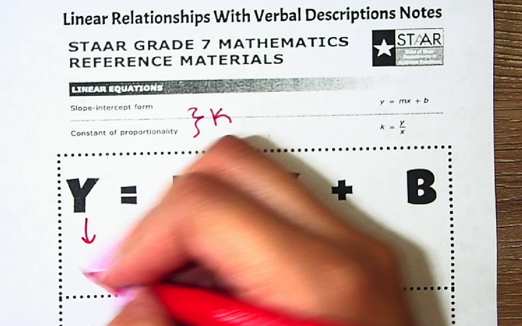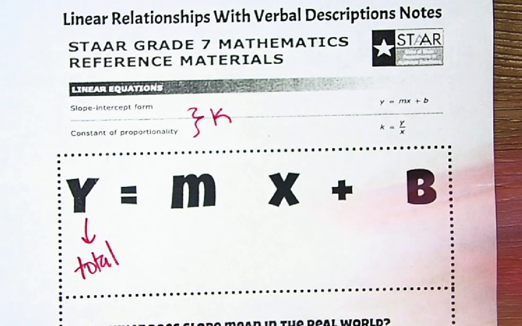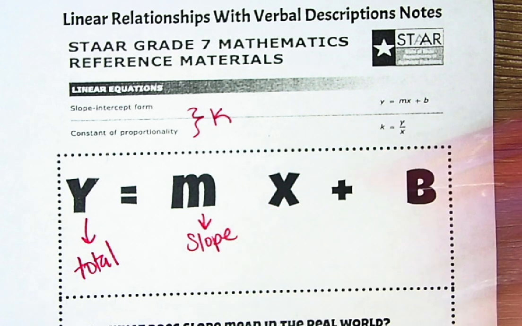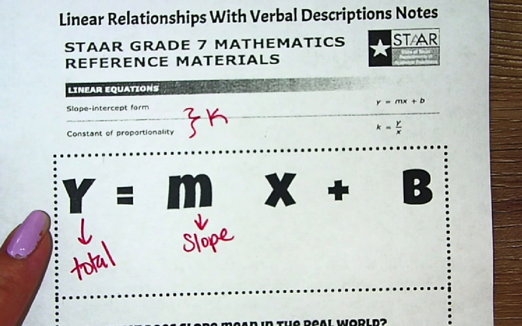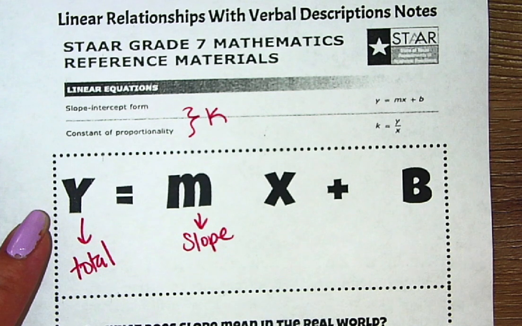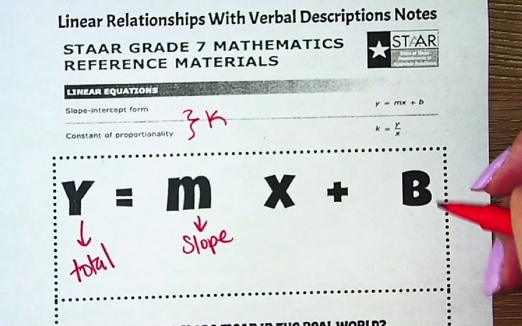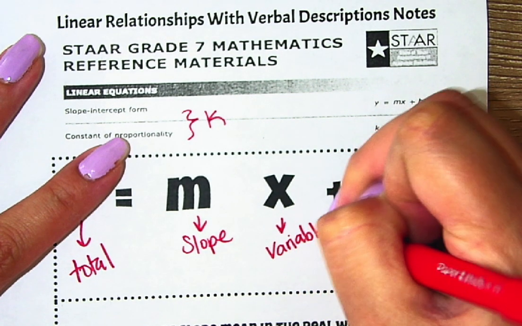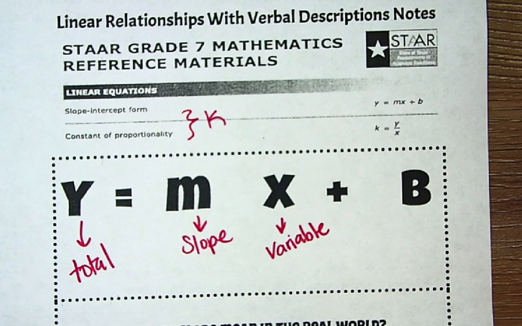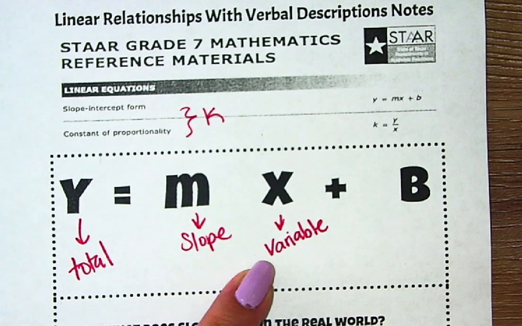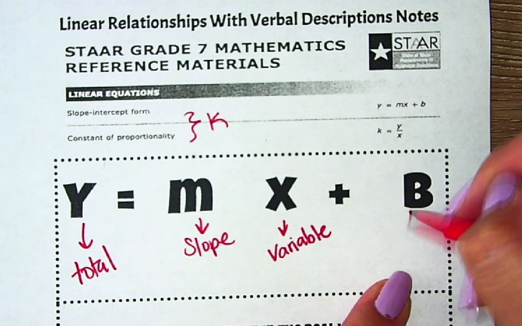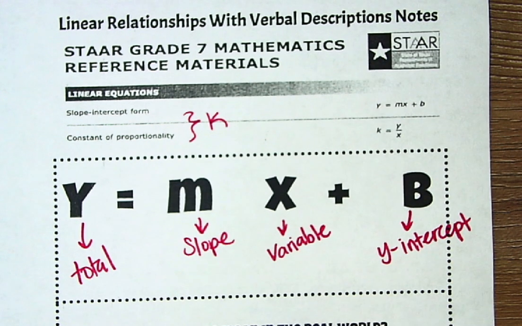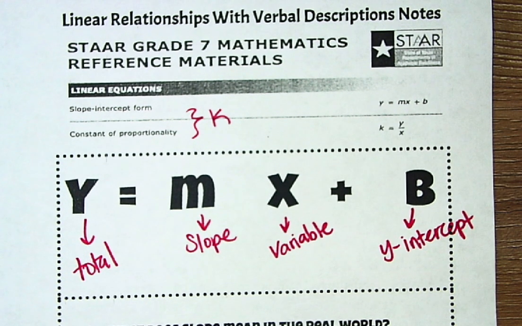So y is our total, m is our slope, this is our variable, remember the x tells the y what to do, and then b is our y-intercept. Okay, so make sure you have those down. Pause the video if you need to write it down.